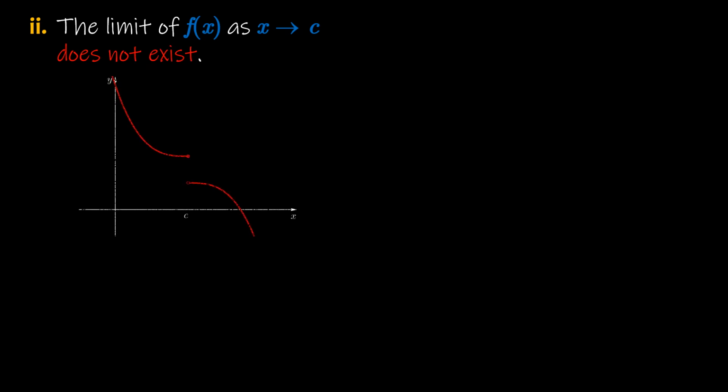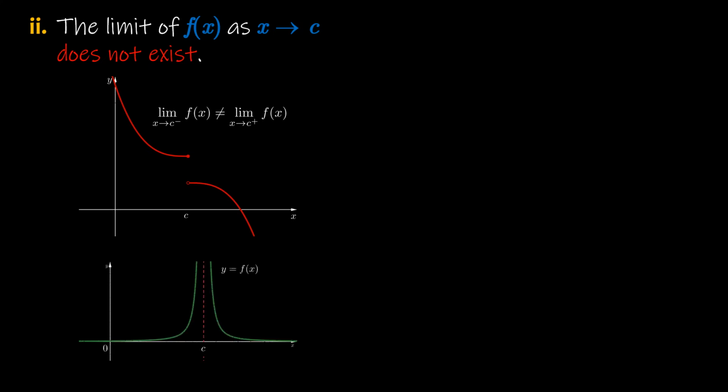Second, the limit of f of x, as x approaches c, does not exist. It means that the one-sided limits, as x approaches c, are not equal.